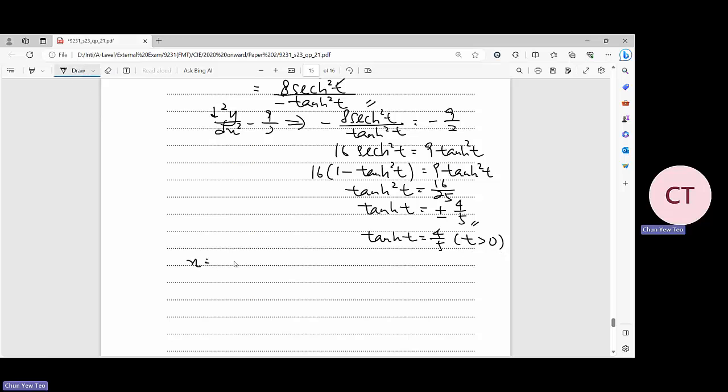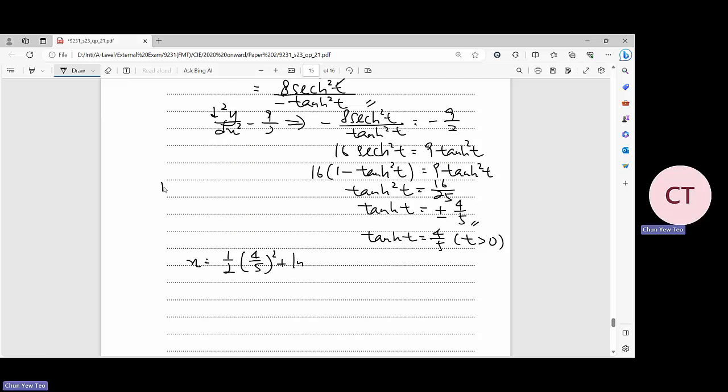So now, what is your x again? If you refer back to the first part, part B, x is half tan square t plus ln sec t. Tan t is 4 over 5.